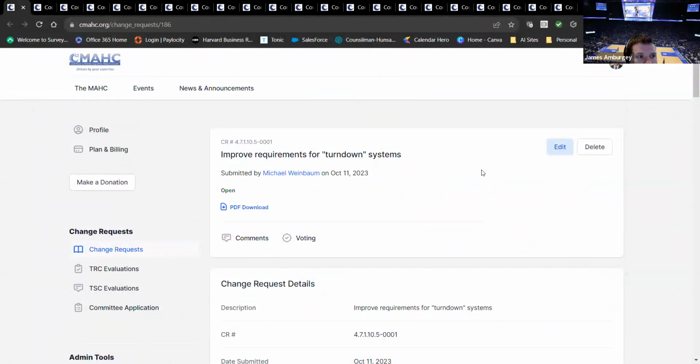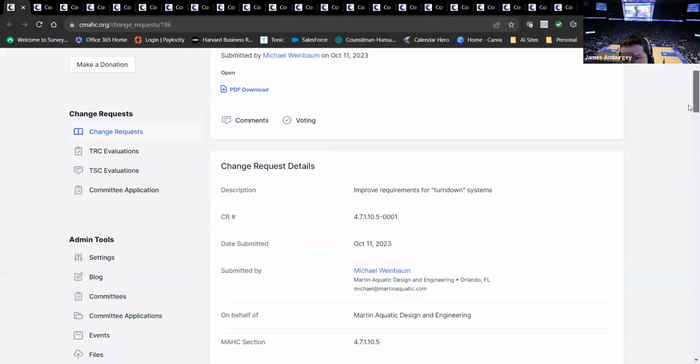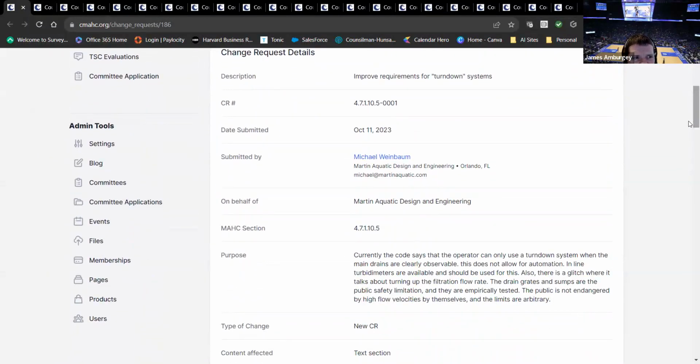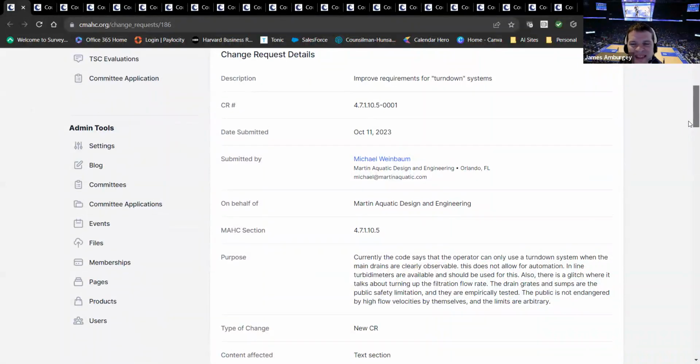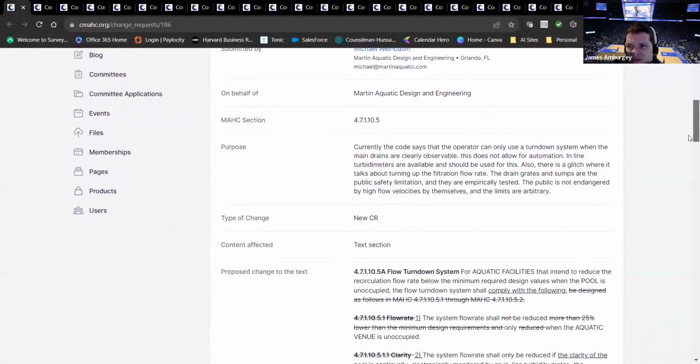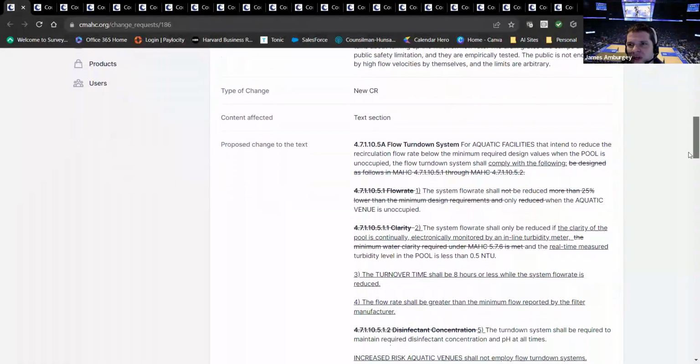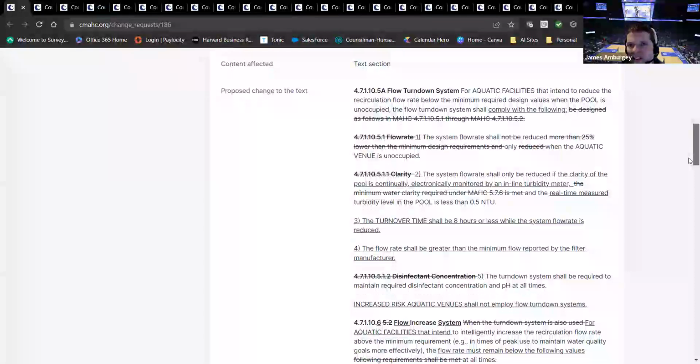Okay. So this is another one on the turn down system, and similarly it provides no limits. It takes away the 25% limit that's supposed to keep the recirculation system reasonably intact, and it just says the turnover shall be 8 hours or less. So if you had a 1-hour turnover or a 2-hour turnover, then you can still make it 8.